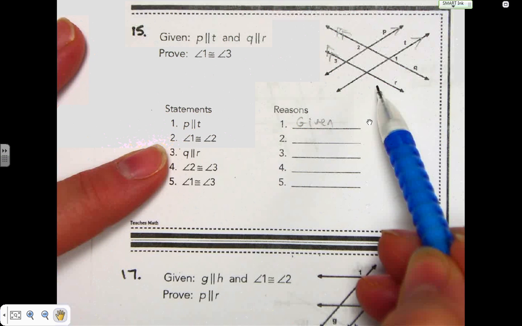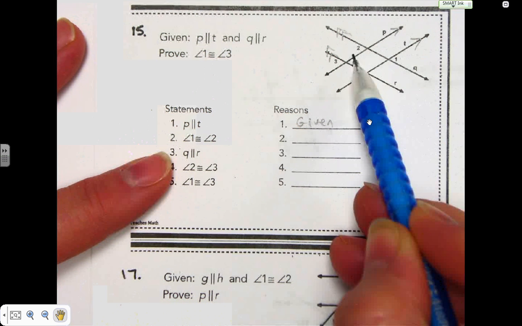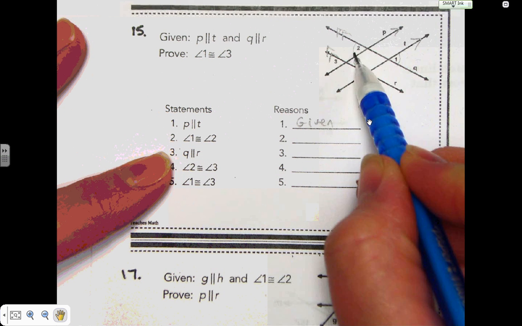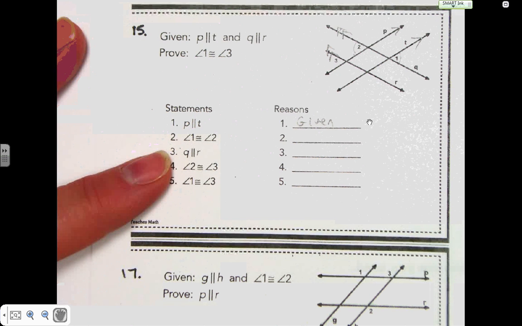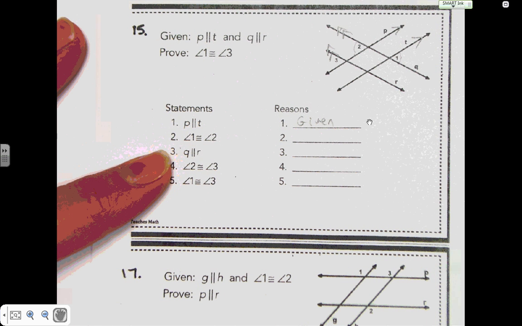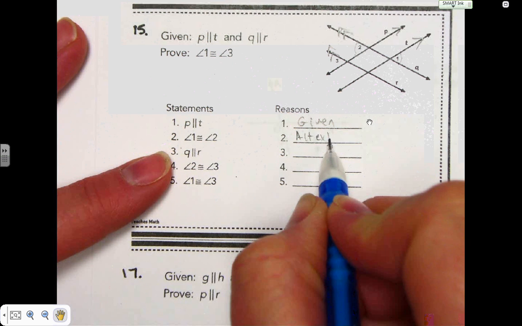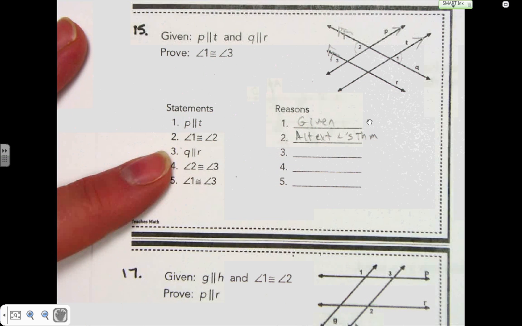Okay, so if P and T are parallel, then it says that angle 1 and angle 2 are congruent. Okay, now be careful. Is it the converse or is it the alternate exterior angles theorem? It's just the theorem because we're stating congruence of angles, right? So this would be the alternate exterior angles theorem. It wouldn't be the converse. The converse proves parallel lines, okay?